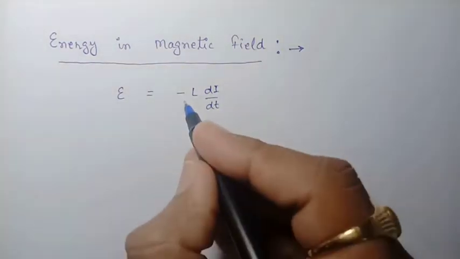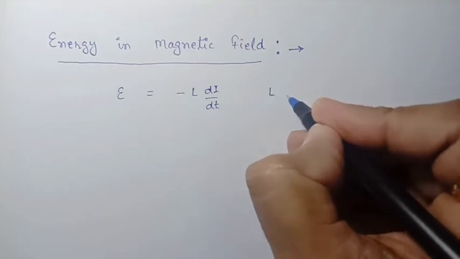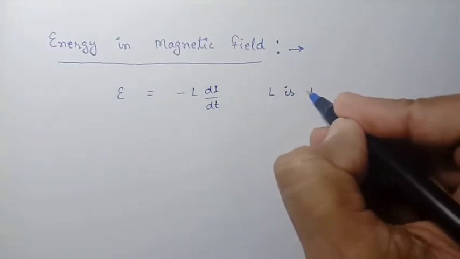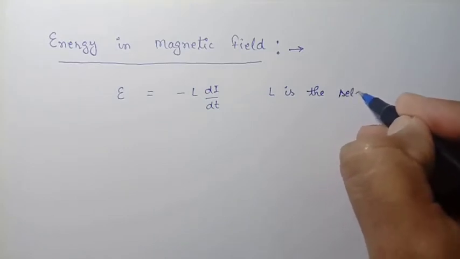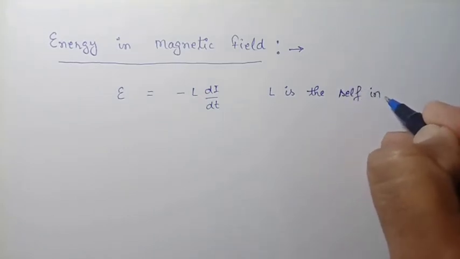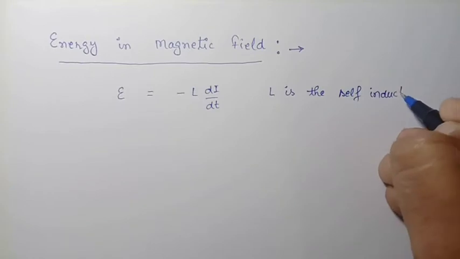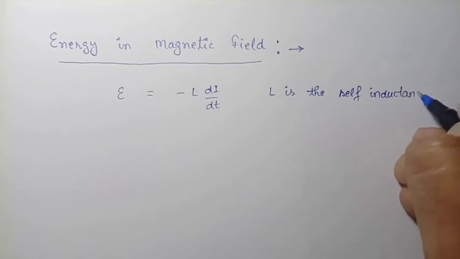Here L is the self inductance and I is the current.